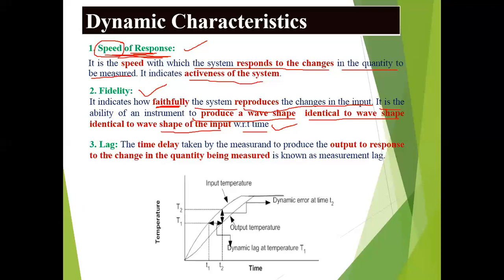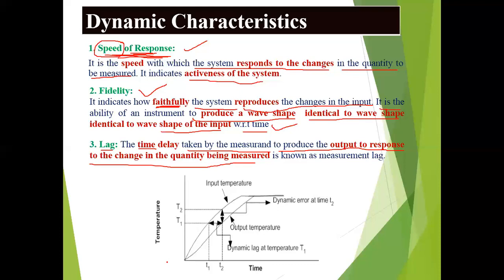Now coming to lag. Lag means delay, delay in terms of time. It is the time delay taken by the measurement system to produce the output in response to the change in the quantity being measured. For example, if I change the input, the instrument gives the output only after some time.